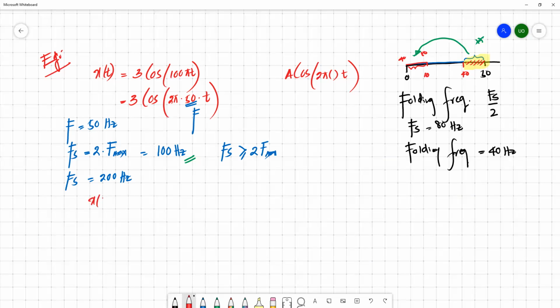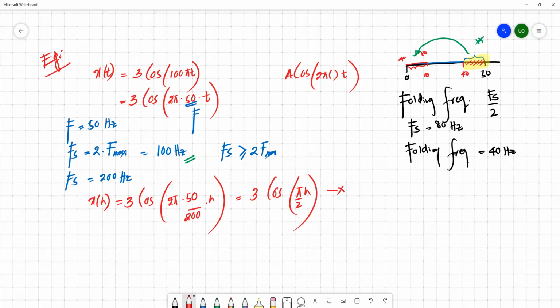So what would be the signal? x(n) equals 3 times cos 2π times 50 over 200, with the sampling frequency now 200, which equals cos(πn/2).